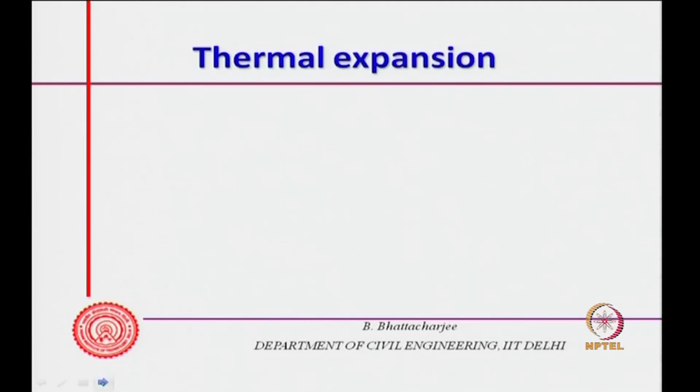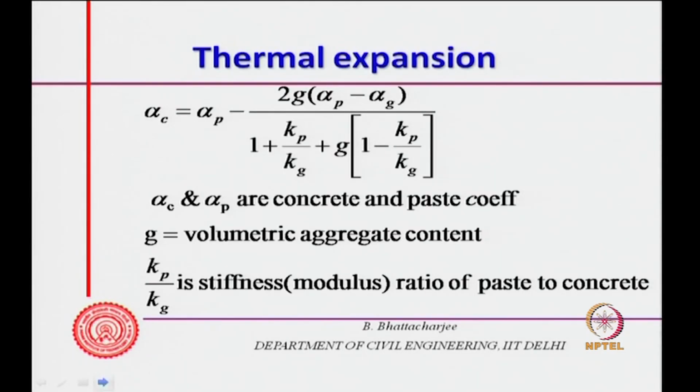The factors that affect it are moisture content, which strongly affects it, and also the volume of aggregate, because you can see from this expression, this is the thermal expansion of concrete, this is the thermal expansion of paste and aggregate, this is the coefficient of thermal expansion of aggregate, G is the volumetric aggregate content, and Kp is the stiffness ratio of paste and concrete, the modulus of elasticity of the paste to aggregate.